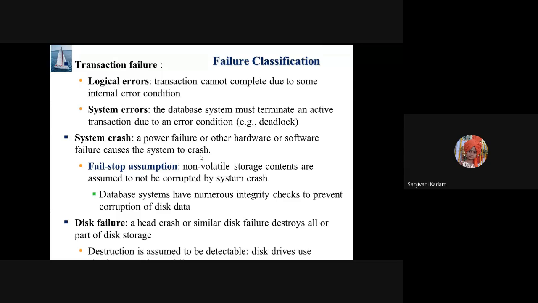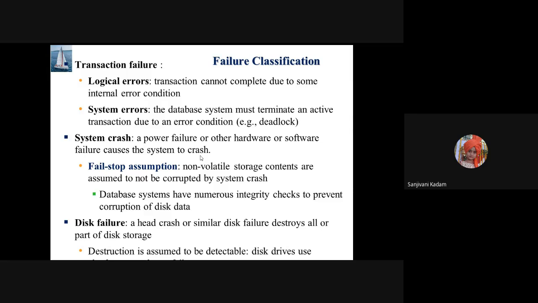So let us deal with the first one, that is a transaction failure. A transaction failure can occur because of two reasons, or there can be two problems when I can say that a transaction got failed. The first one is a logical error. Logical error means that whatever statements or operation I am performing is violating some constraints.